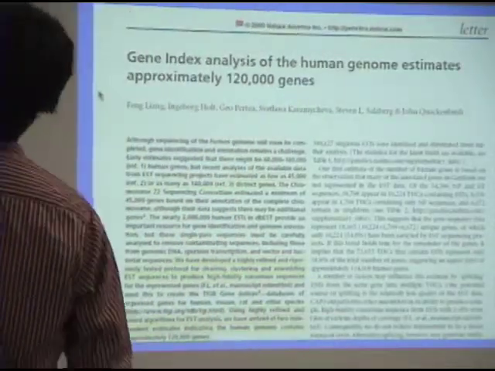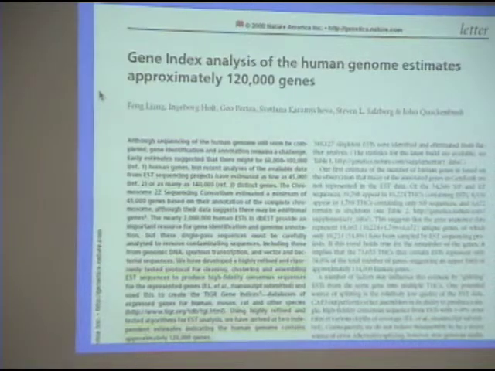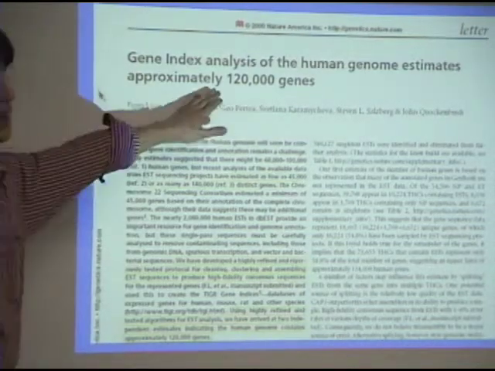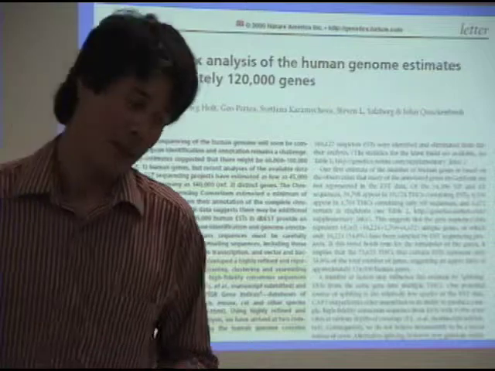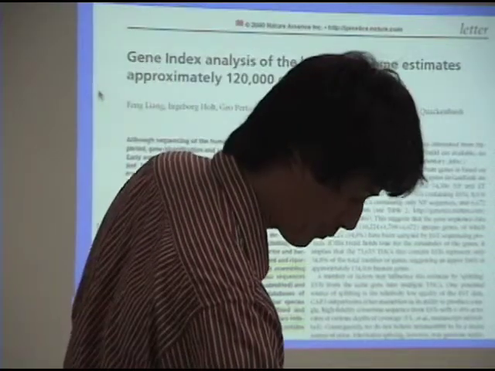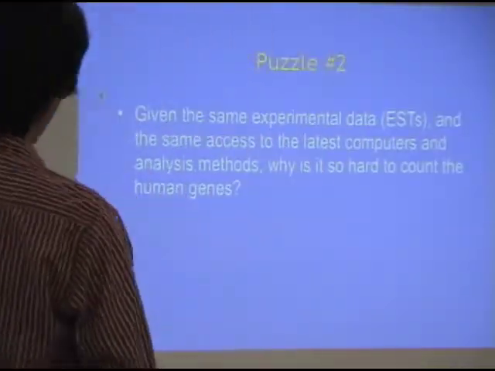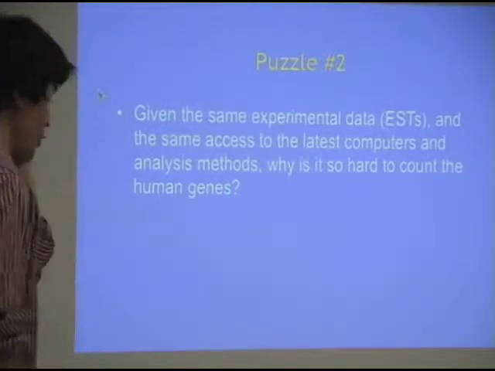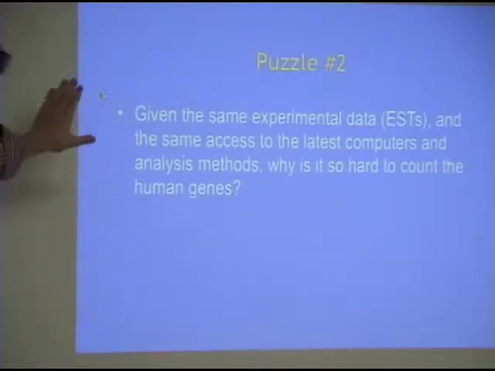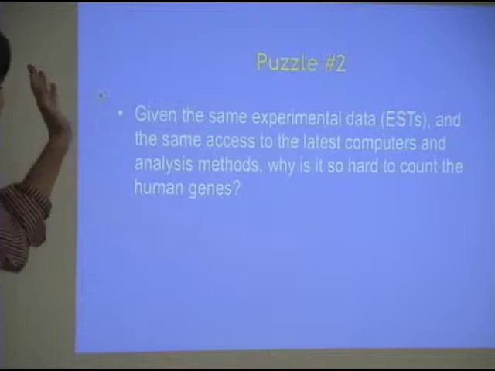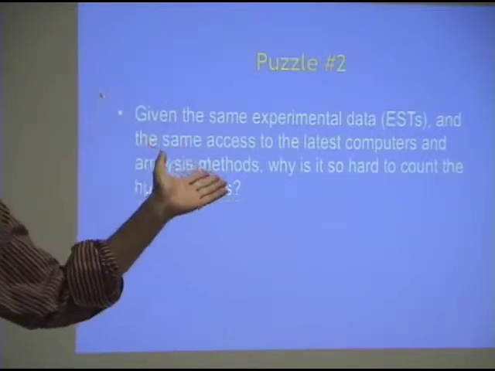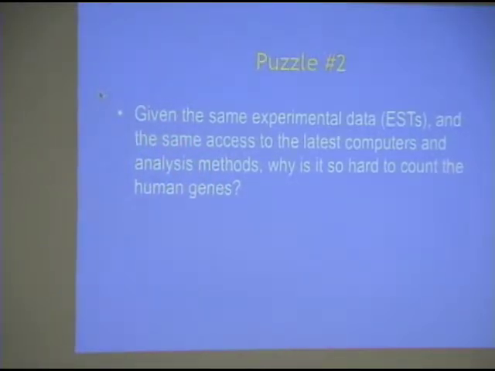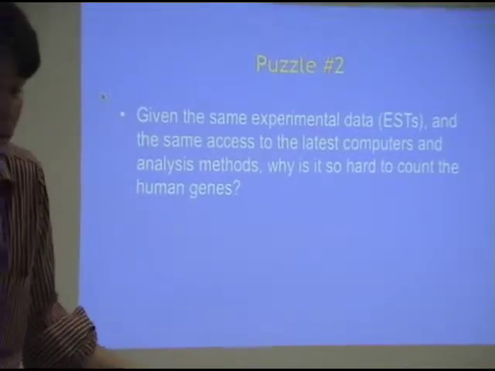And then here's another paper published in the same issue of the same journal, where now they get the number of 120,000 genes. It turns out that the answer was much closer to the first estimate rather than the latter estimate. But we have to ask ourselves, starting from the exact same input data and the same access to computers and analysis methods, why is it so hard to count?